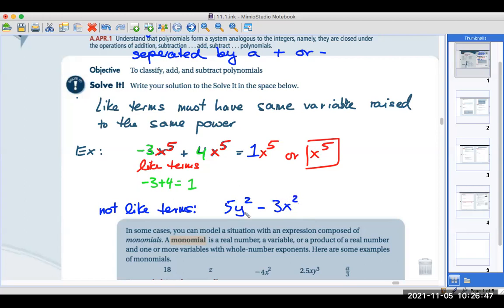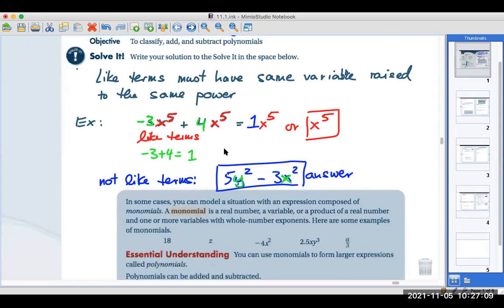You have the same power, but your y and your x don't match, so you cannot add. This is the answer, because the variables are not the same. One is y and one is x. Okay, so that's what we're doing today.